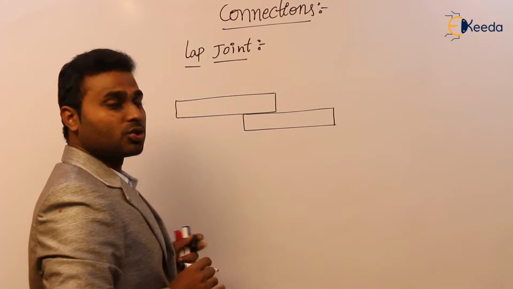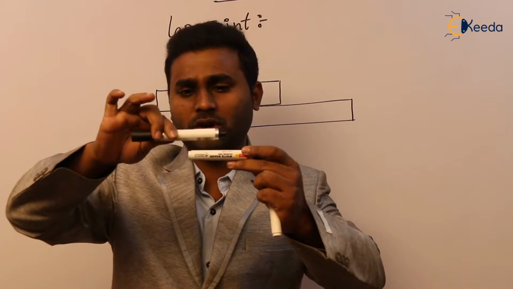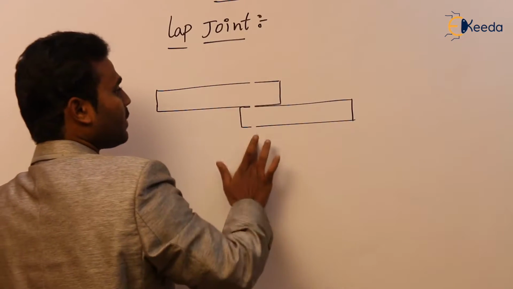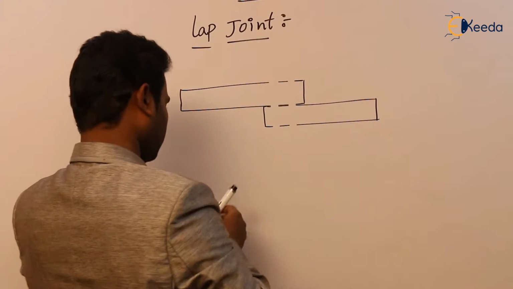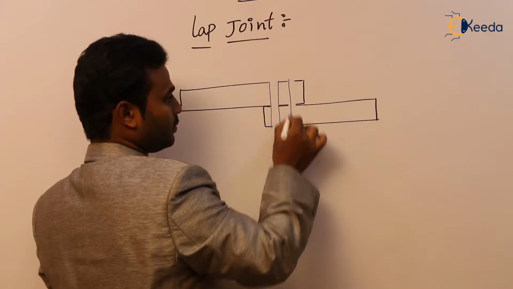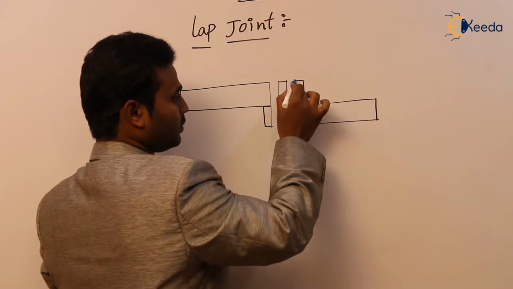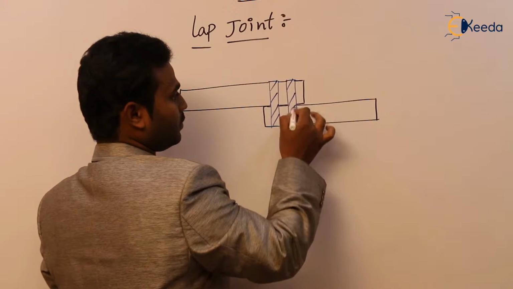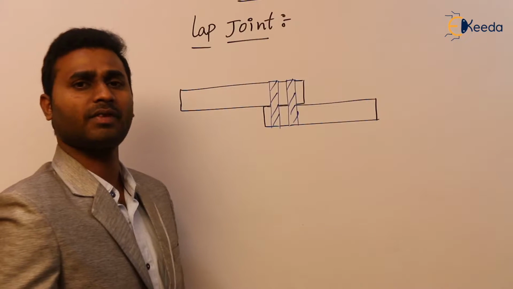By overlapping these two members like this, and drilling a hole, we are going to place bolts in it. This is how the lap connection is established.